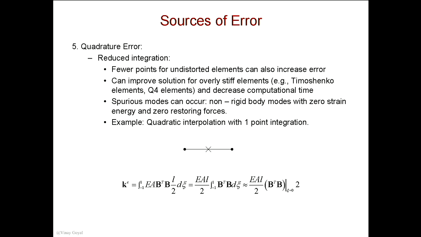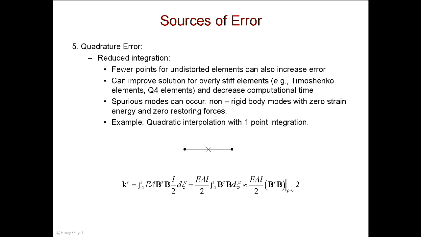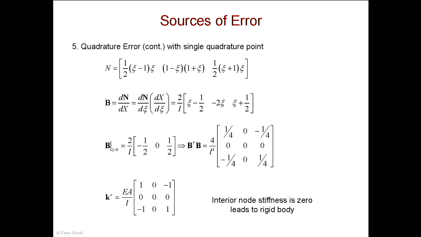For example, if I use a quadratic interpolation with a 1 point integration scheme, that's clearly reduced integration, right? Because for quadratic interpolation, we need at least 2 points. But if I use 1 point instead, we found, and just a reminder, when I evaluate the stiffness and go through the calculations, I find that this row, which belongs to the middle node, has 0.